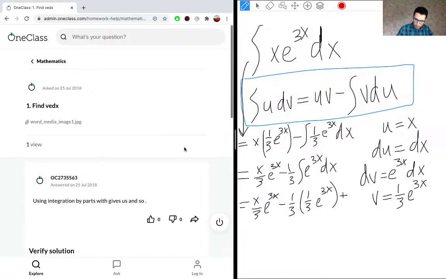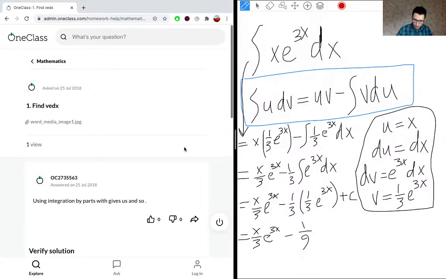And we have to have the constant c at the end. Whenever we evaluate an integral, we have to add a constant at the end. So the next step in this solution is x/3 e to the 3x minus 1/9, since a third times a third is 1/9, e to the 3x plus c. So this is the final answer to evaluating the integral.